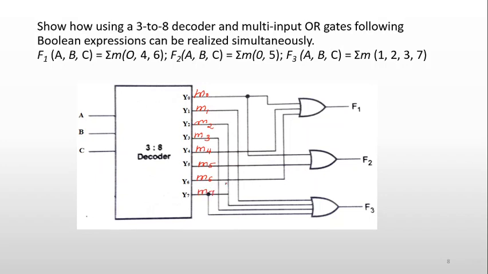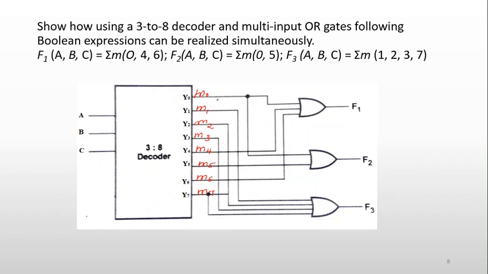M stands for minterm. Now the function f1 is nothing but summation of m0, m4 and m6. So what I have to do is OR m0, m4 and m6.